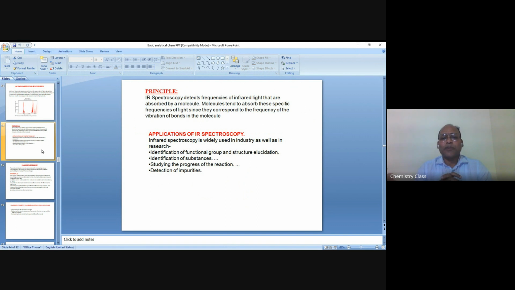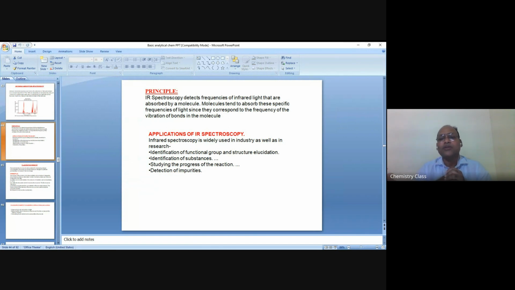IR spectroscopy detects frequencies of infrared light that are absorbed by a molecule. Molecules tend to absorb these specific frequencies of light since they correspond to the frequency of the vibration of bonds in the molecules. When the infrared passes through particular molecules, specifically covalent compounds, the molecules absorb specific frequencies or wavelengths of light.